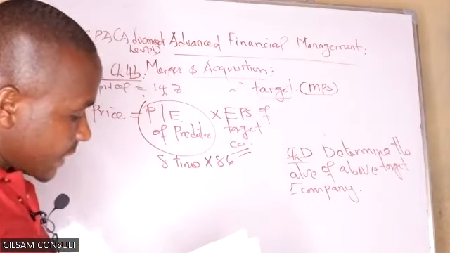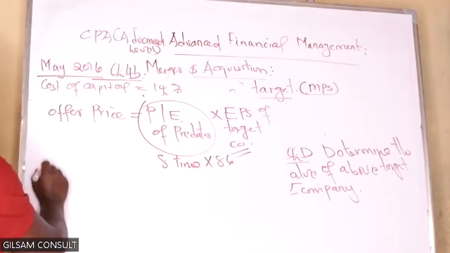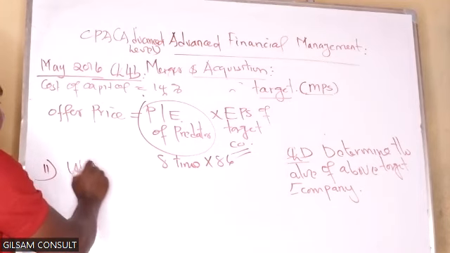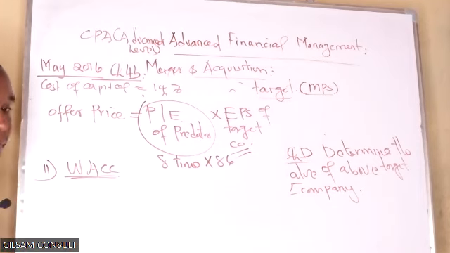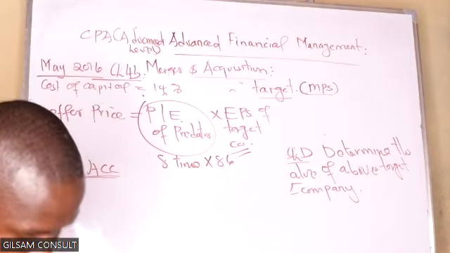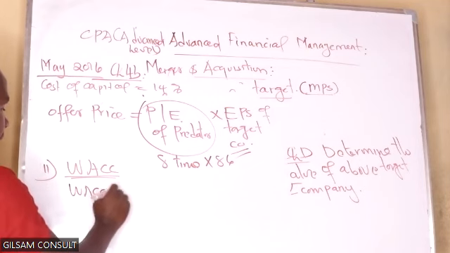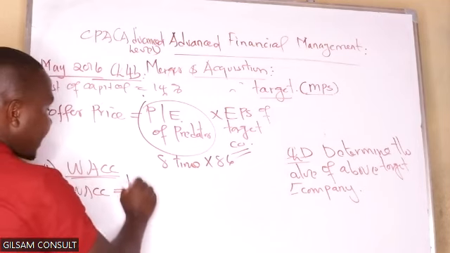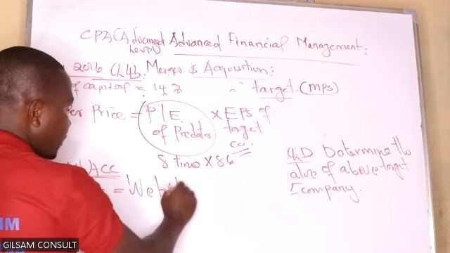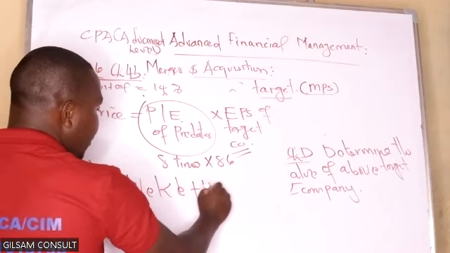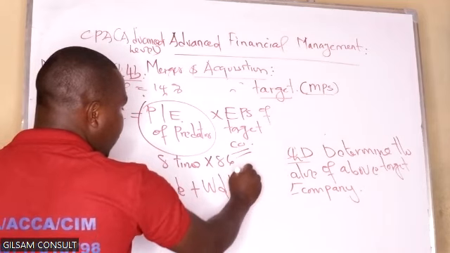Roman 2 is asking for the weighted average cost of capital. How do you get the weighted average cost of capital? We get it by taking the weight of equity times the cost of equity plus the weight of debt times the cost of debt.